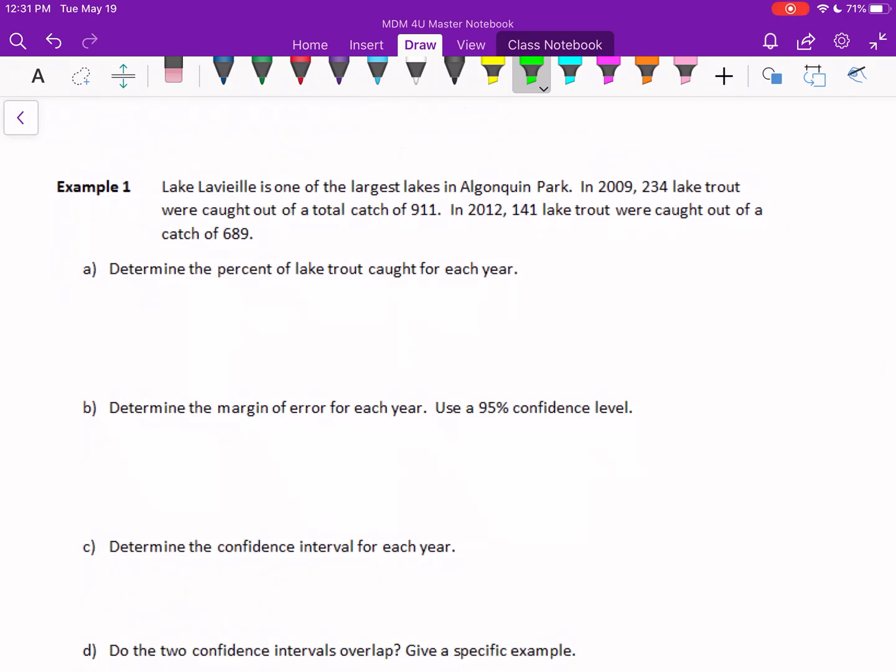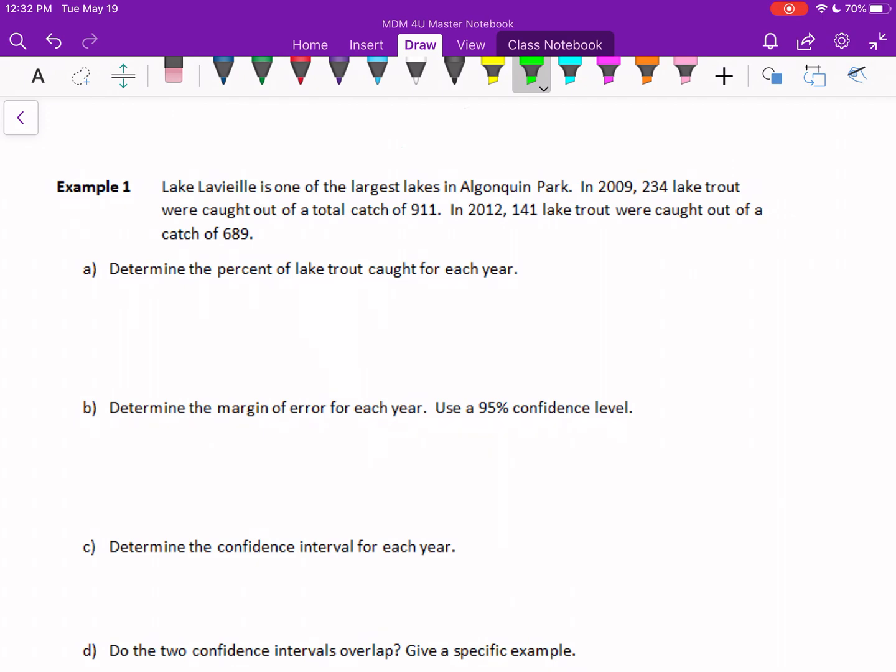All right, so let's just jump into a few examples. Lake Lavie, pardon my pronunciation if I got that wrong, is one of the largest lakes in Algonquin Park. In 2009, 234 lake trout were caught out of a total catch of 911. So 911 fish were caught, 234 of them were lake trout.